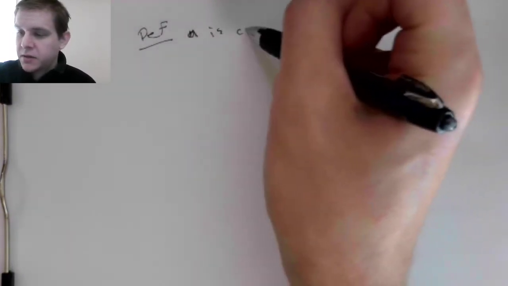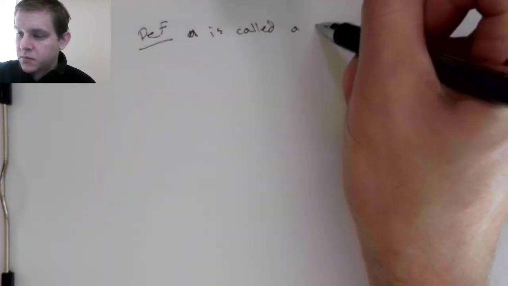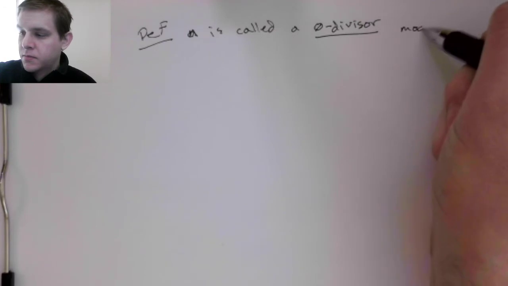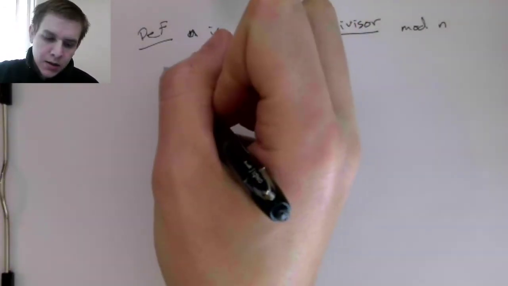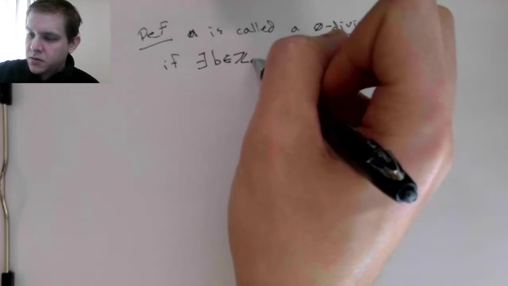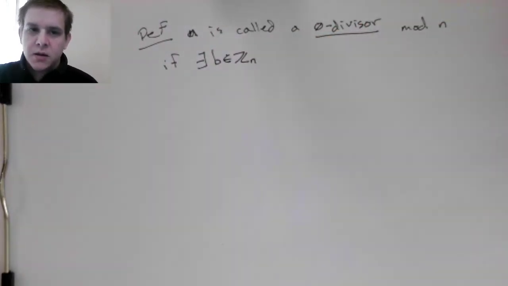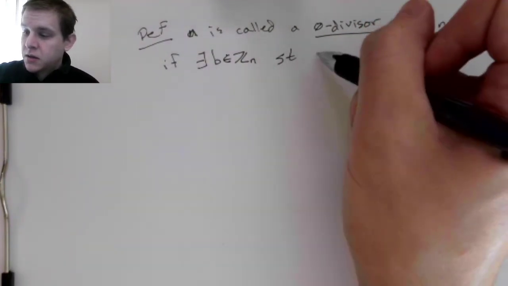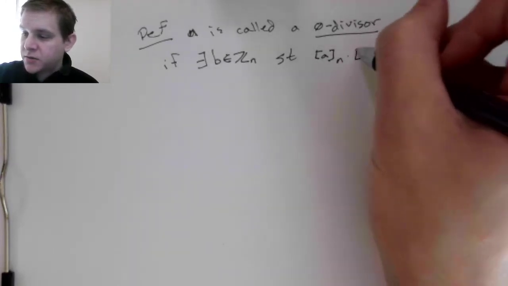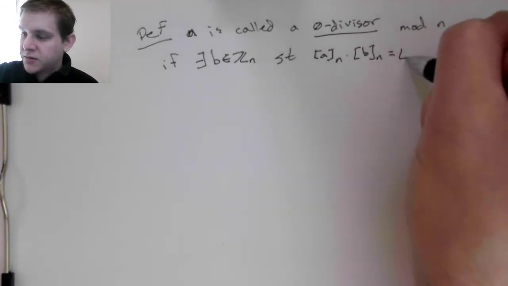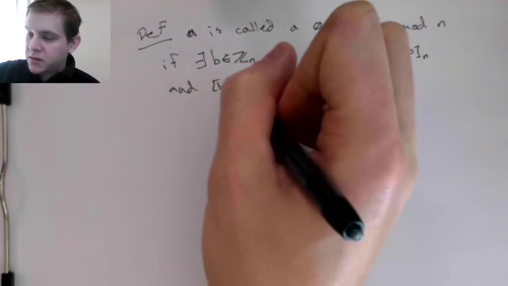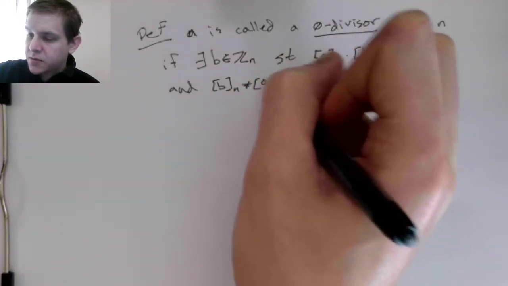A is called a zero divisor mod n if there exists B in Zn, so there you can find another congruence class, such that the congruence class of A mod n times the congruence class of B mod n is the congruence class of 0 mod n, and this congruence class B is not equal to 0.